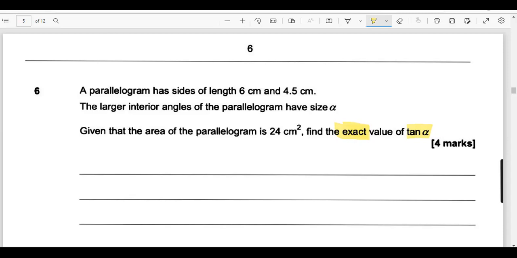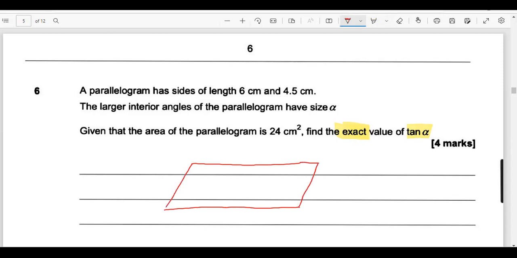Number two, you're not supposed to find the value of alpha. You are to find the value of tan alpha. This is what we need to understand. That's simple. Let's think about the scenario. Let's make a parallelogram of this type. So we have two parallel sides, this side and this side, and then we have this side and another side, this one.